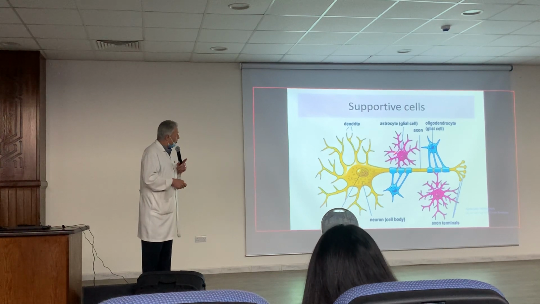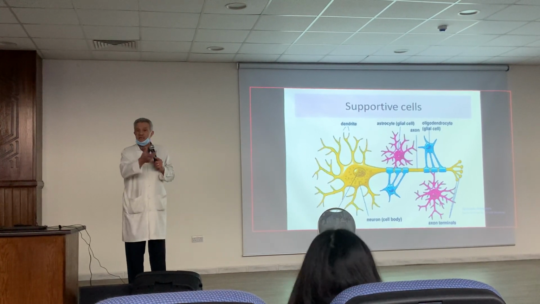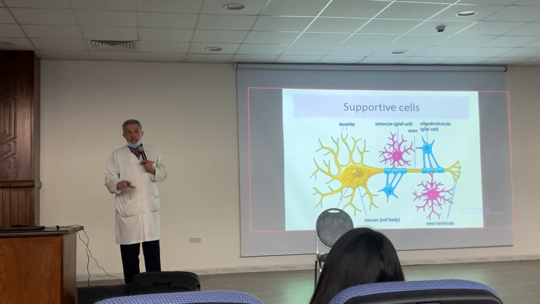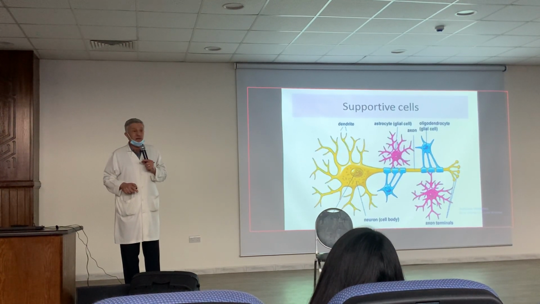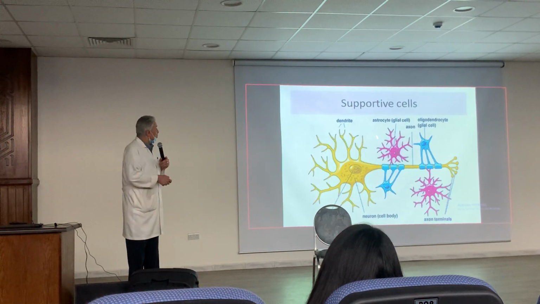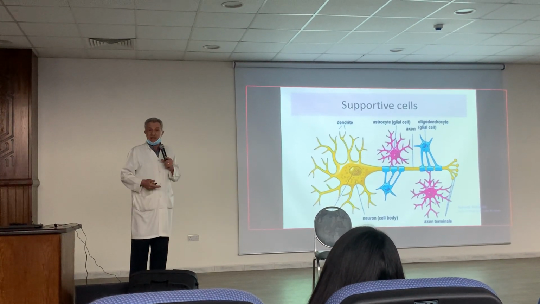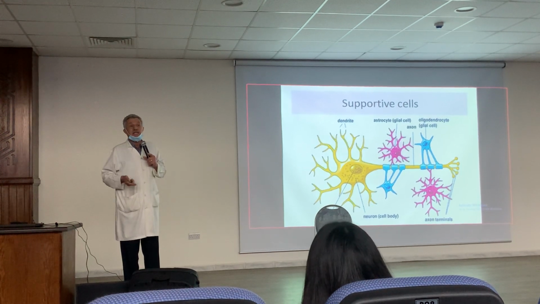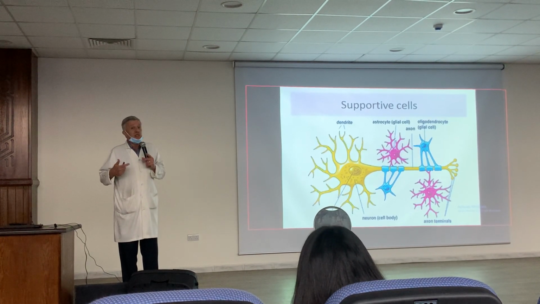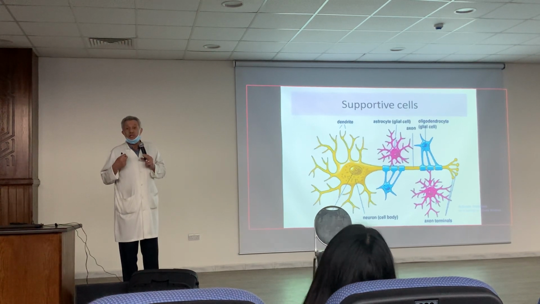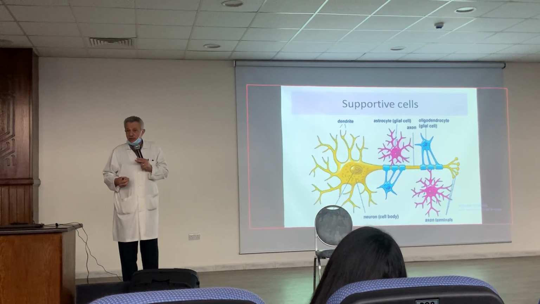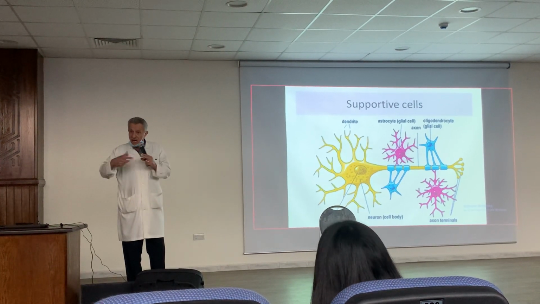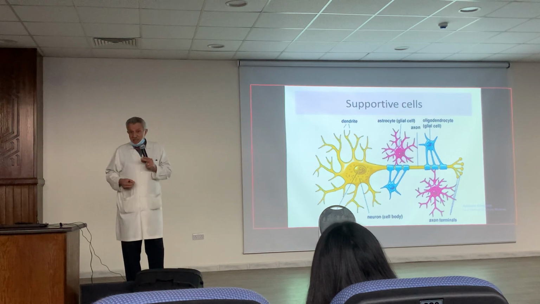How we are doing that? These supportive cells can uptake that potassium, okay, to keep low concentration of potassium around the neurons. In addition, you will see that we have a lot of terminals around these cell bodies, for example, and these are releasing neurotransmitters. We are needing to keep the concentration of these neurotransmitters which are released by terminals as low as possible.